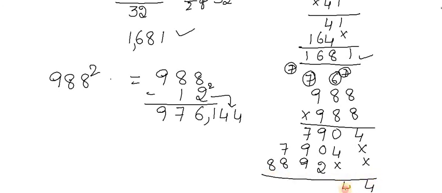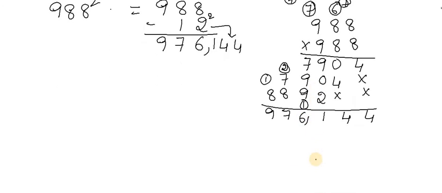Adding: 4, 4 plus 9 is 11 and so on, 26, and 7 plus 2 is 9, 9 plus 8 is 17, 8 plus 1 is 9. So the answer is 976,144. I think we got the same answer.